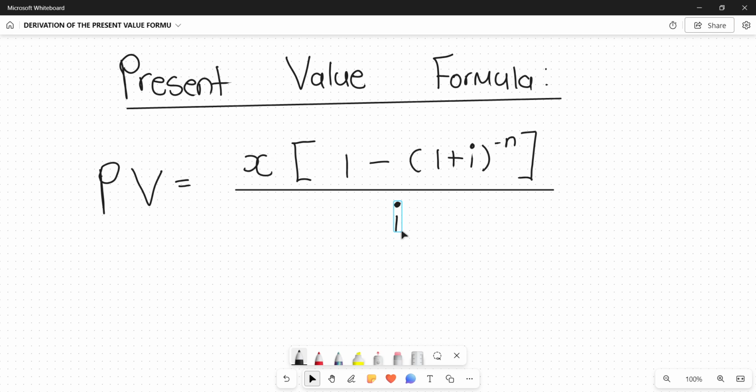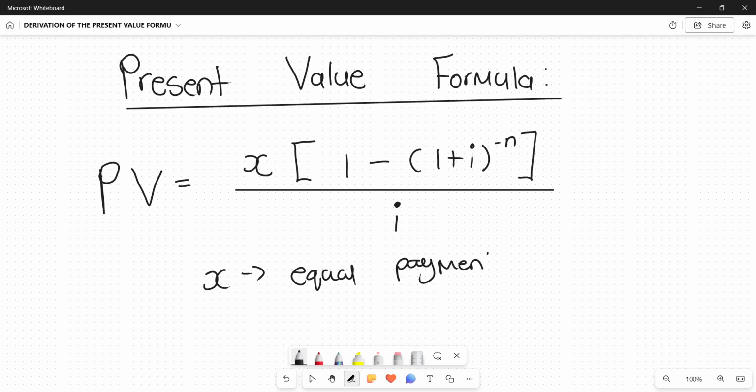It is used to calculate the present value of a series of equal cash flows. We will denote them as x. So x will denote our cash flows, or equal payments.